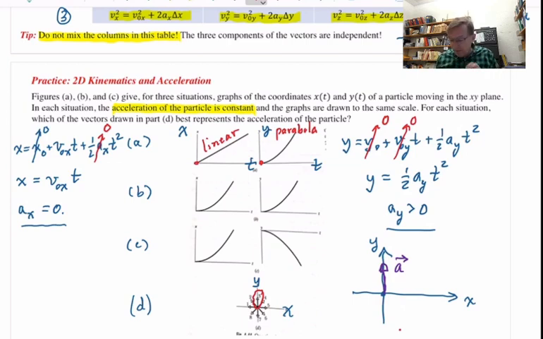I want you to go through the same kind of analysis that I just did for case A, but I want you to do it for case B and case C. All you have to do is tell me for case B which of the numbered arrows in the figure down here, 1 through 8, represents the acceleration vector, and then for case C, which of the numbered arrows, 1 through 8, represents the acceleration vector.